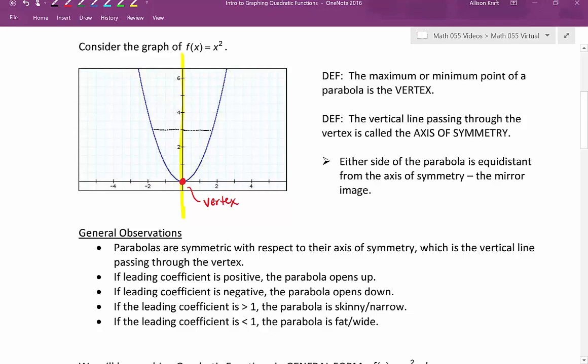There are several observations that we can make about parabolas and their equations. Parabolas are always symmetric with respect to their axis of symmetry, which is the vertical line passing through the vertex. If the leading coefficient of your quadratic function is positive, then the parabola opens up like this. If the leading coefficient is negative, then the parabola will open down.